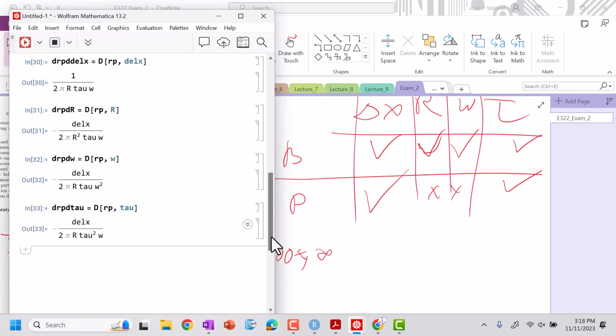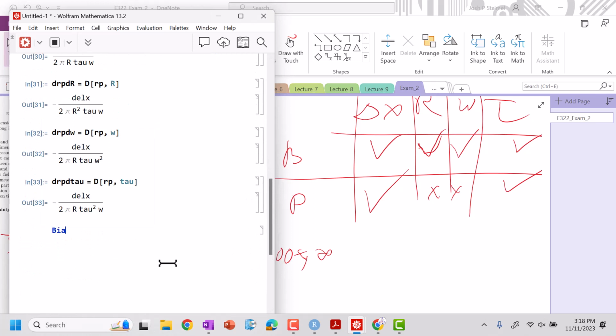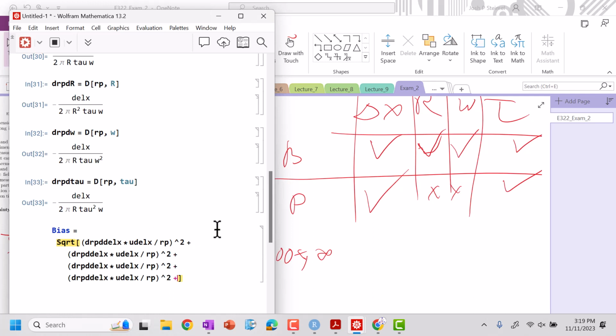So we're going to now do our bias. It's going to be equal to square root of d rp d del x times u del x divided by rp, the equation, squared, plus, we're going to copy and paste this. We need to do it 3 more times. 1, 2, 3. Good.